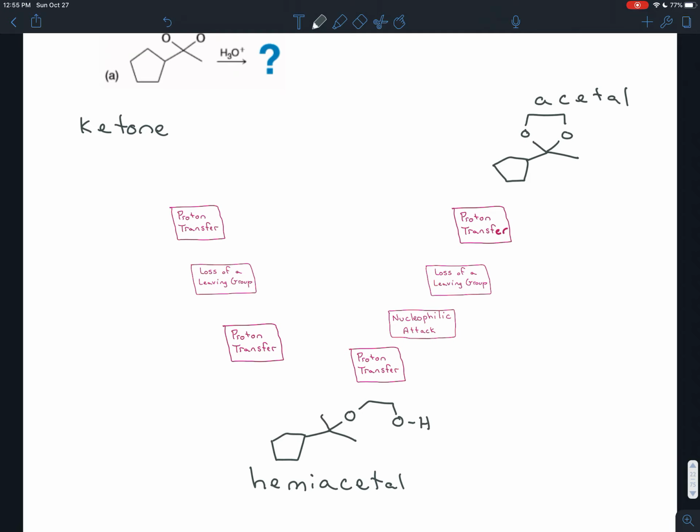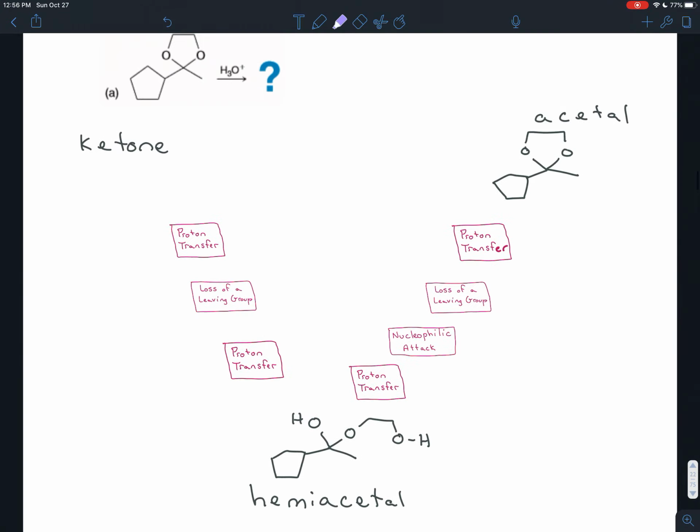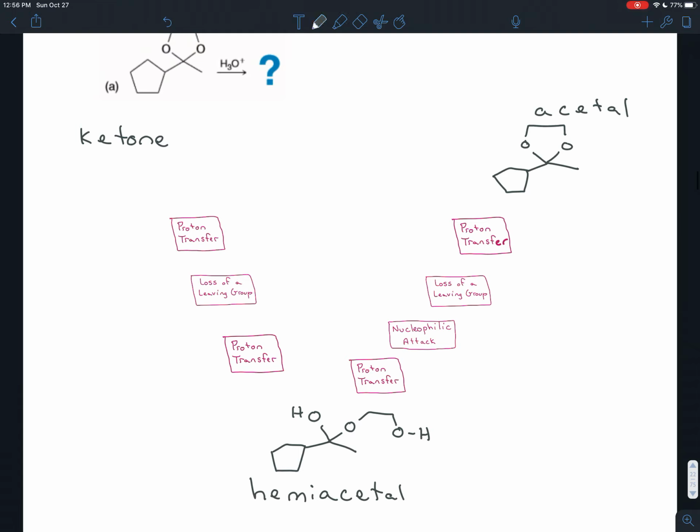And the bond that was going to the other one will be going to an OH. That's our hemiacetal. It's bonded to an ether on one side. A carbon is bonded to both an ether and an alcohol. That's our hemiacetal. Finally, the ketone we'd have is the same structure as the acetal, but where we had the two ethers bonded, that's going to be just the carbonyl.